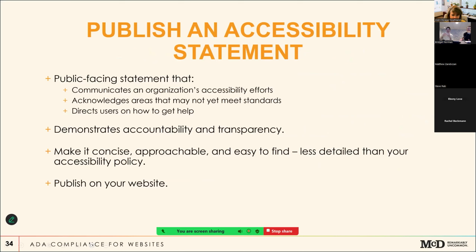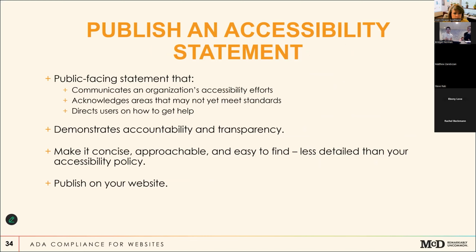So then the accessibility statement, this is the public-facing document that we've been talking about. Really all this does is communicate your organization's accessibility efforts. It acknowledges areas that may not meet standards. That's always a surprising bit for people: it's important in your accessibility statement to say, we might not be fully compliant, but we do care about this.